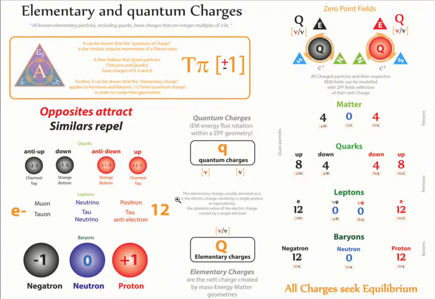Of course, this is in stark contrast to the current understanding of charge and point particles within quantum mechanics and electrodynamics, where they're viewed as spherical objects based on their 4 pi Gaussian charged surfaces.